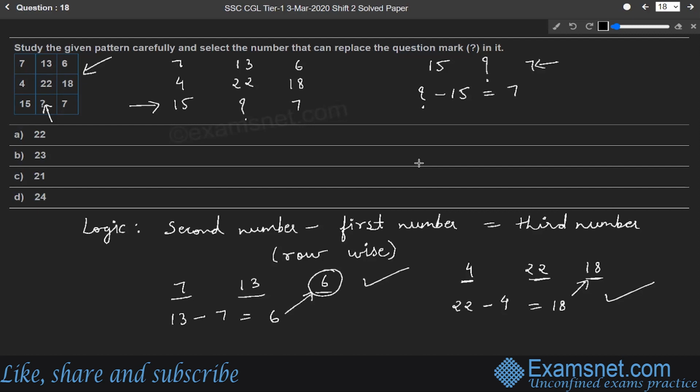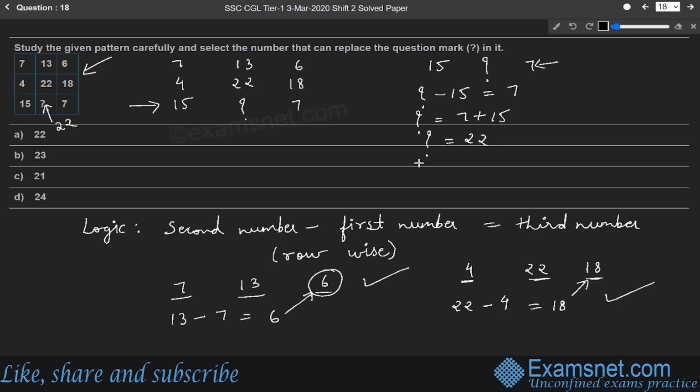So question mark will be equal to 7 plus 15. This 15 is negative on the left hand side, and when it goes to the right hand side, it will be positive. Now what is 7 plus 15? 22. So the number that will replace the question mark is 22.